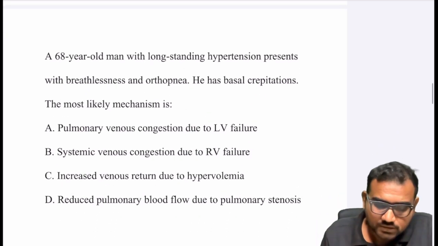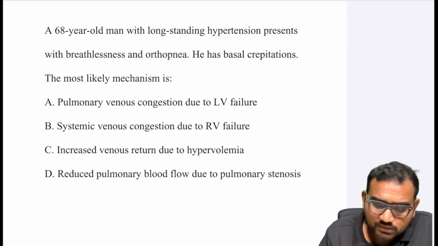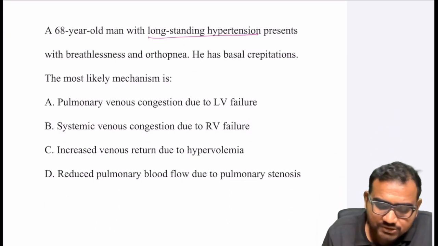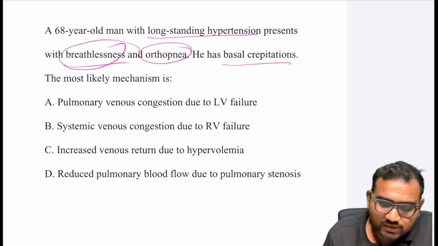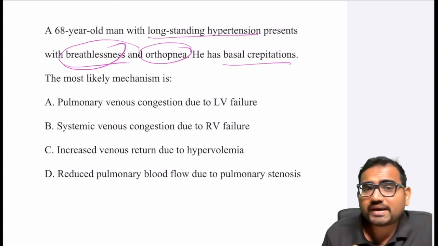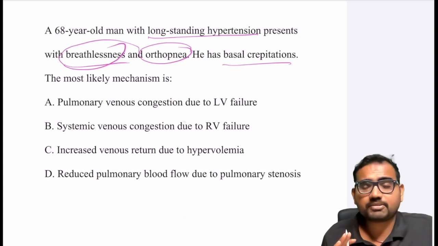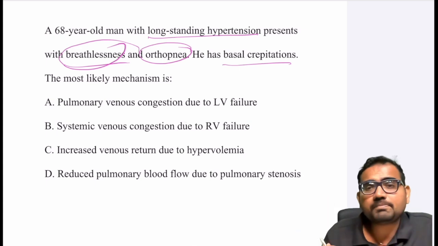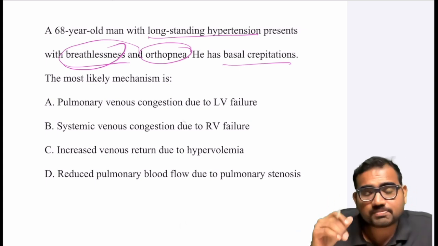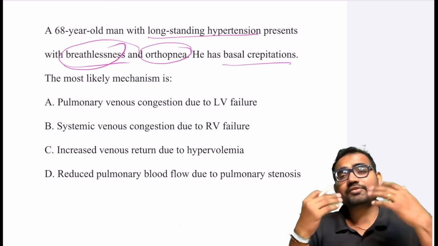Okay. A 60-year-old man with long-standing hypertension presents with breathlessness and orthopnea. He has basal crepitations. So what happens? As I told you, any respiratory problem will be because of left ventricular failure. Why? Because the blood is not pumped into the aorta. There is backflow of the blood from the left ventricle to the left atrium.